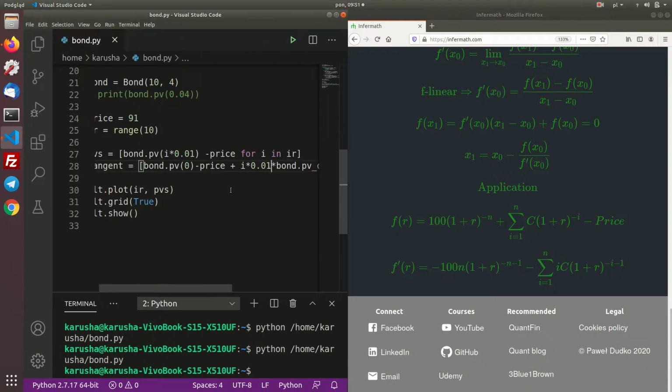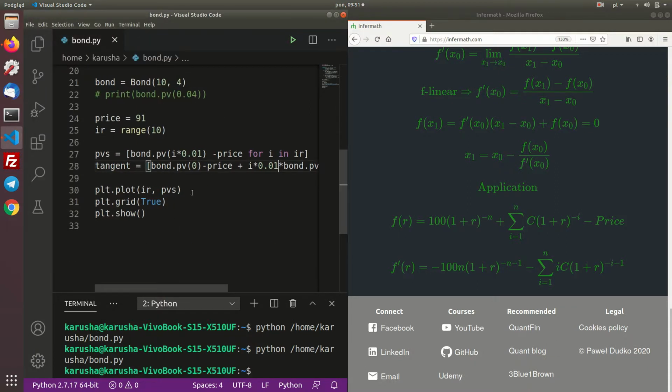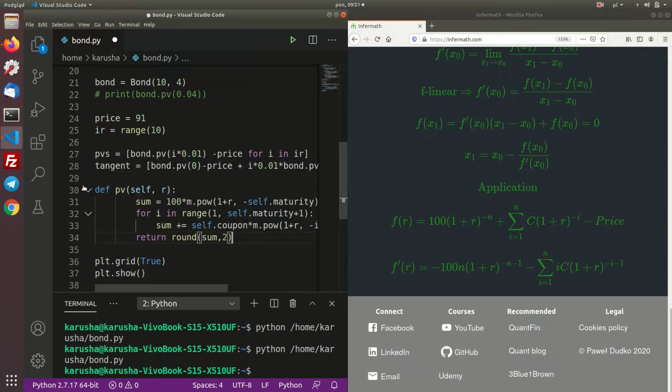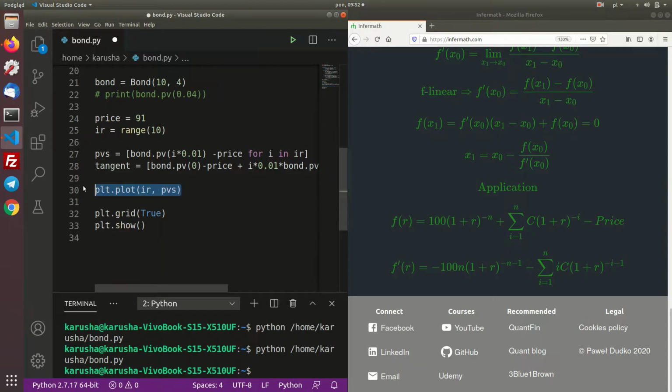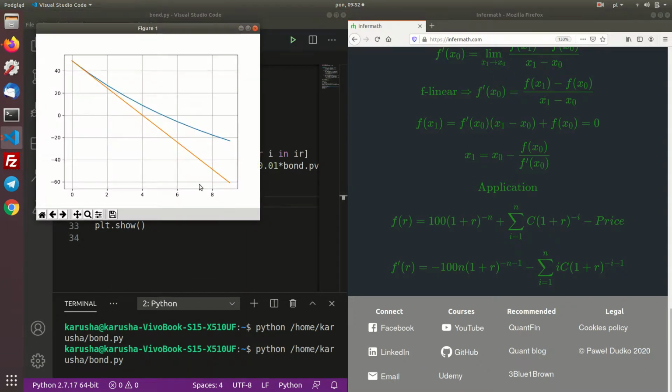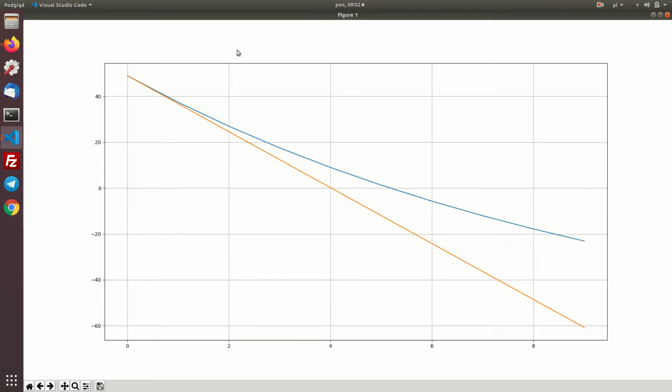And of course, we need to add it to the plot. So we're going to copy this, and we're going to add a tangent line. Yeah, exactly. This is exactly what we wanted. So let's see what's going on here.